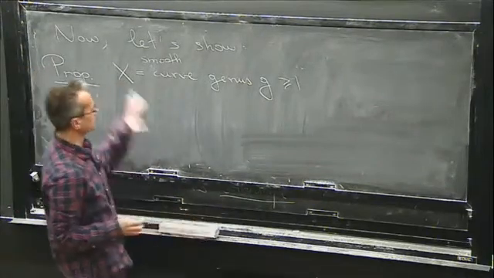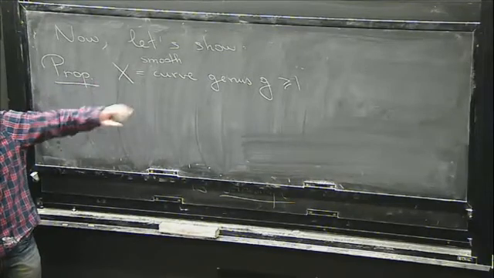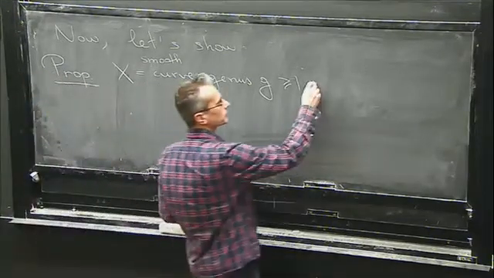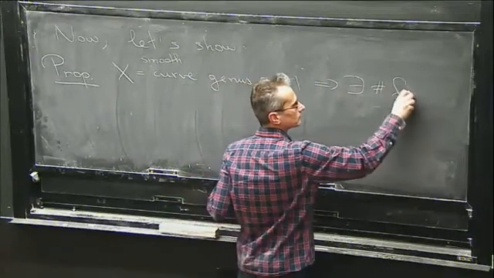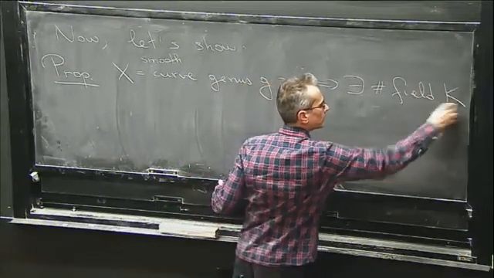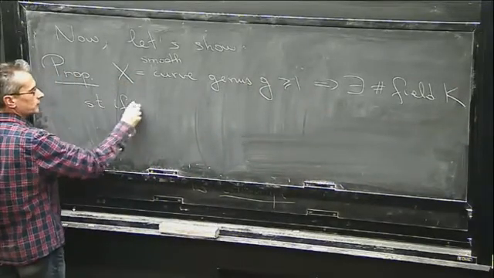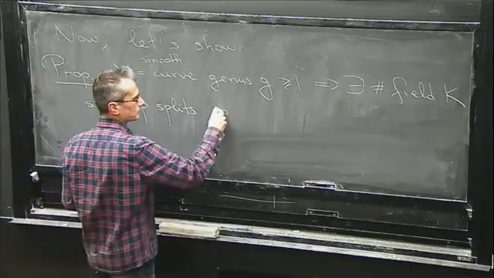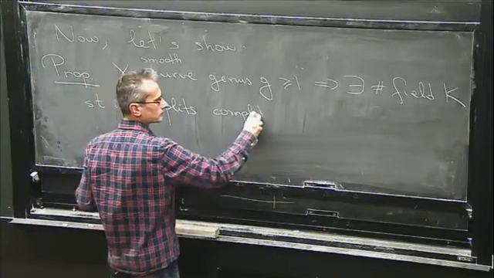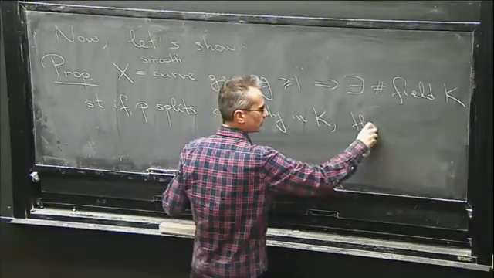So this is a smooth curve of genus at least 1. Then the assertion is that there is some number field K such that if p splits completely in K, then, well, you don't have what you want.